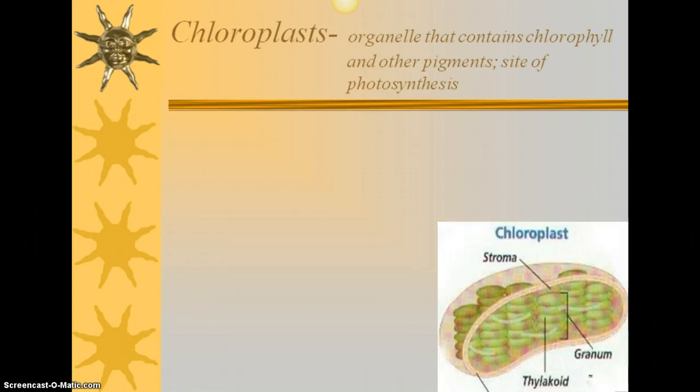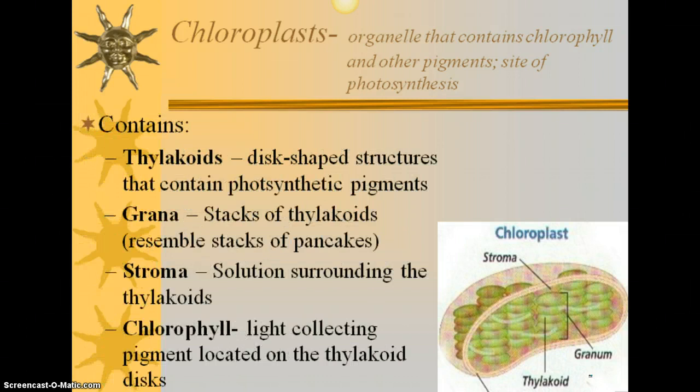So we want to see, what is the chloroplast made of? These are the 4 things the chloroplast is made of. A thylakoid, which is a disc structure that has photosynthetic pigments. If you are looking at your picture, it's kind of hard to see on your copy, but it's just a little disc, kind of looks like a pancake. If we look at a stack of these thylakoids, they're called the granum.